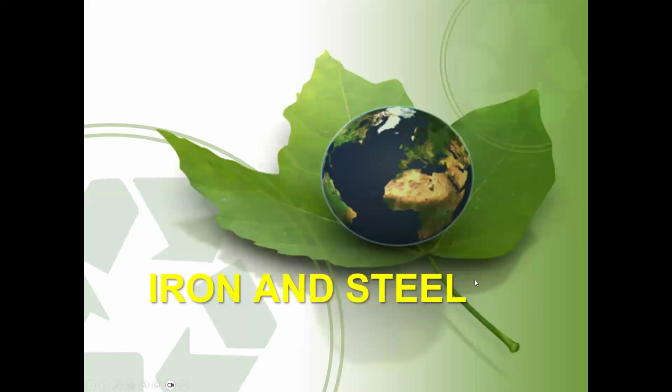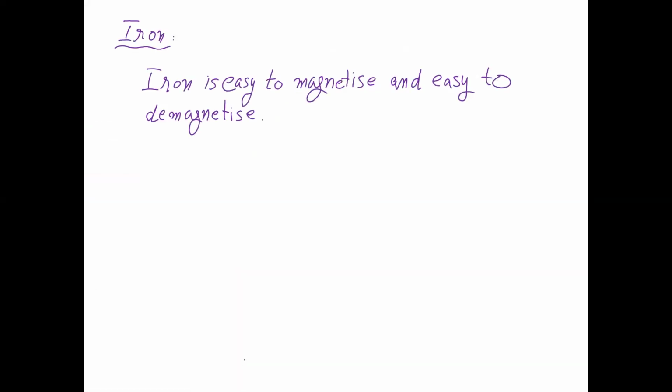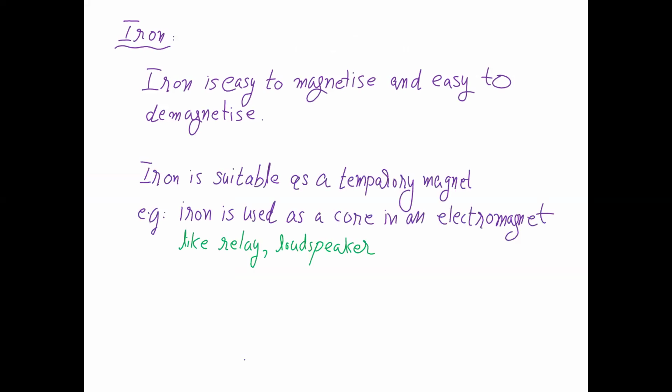Now, this is the concept we are building. Iron is easy to magnetize and easy to demagnetize. So iron is suitable as a temporary magnet when you need magnetism for a glimpse and want to demagnetize also.